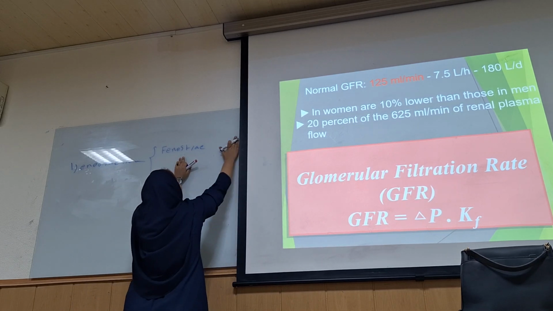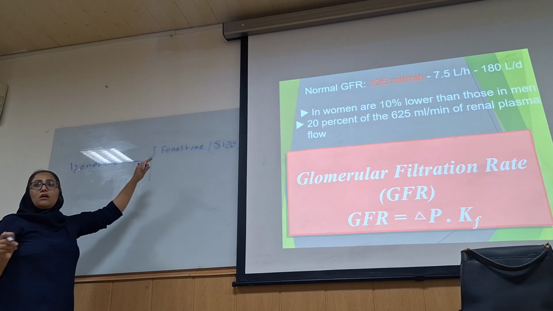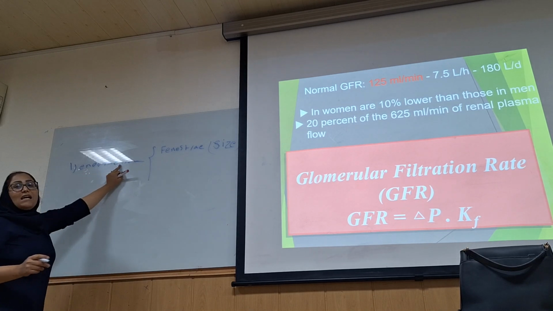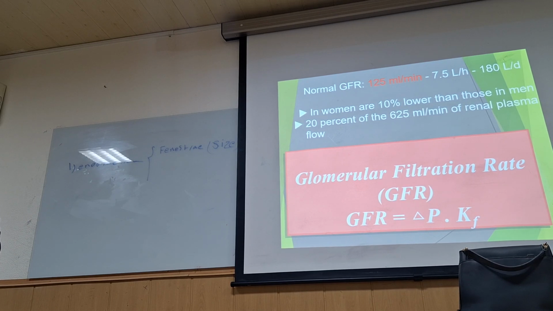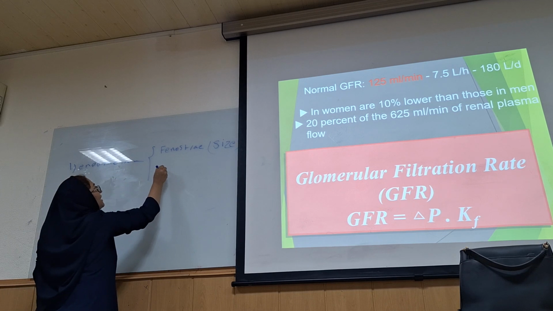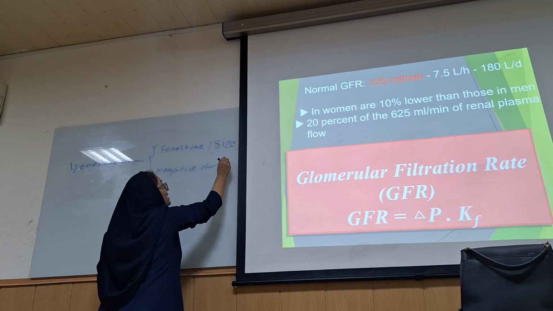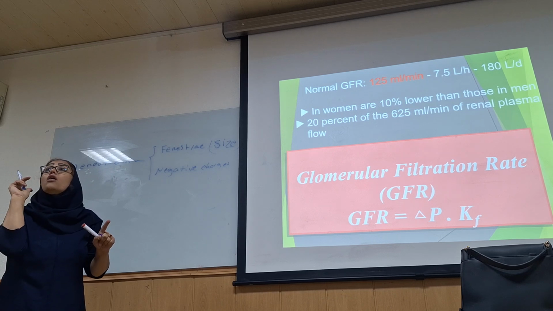In addition to fenestra, in this layer we have proteins in the membrane of endothelial cells. These proteins have negative charges. It means it separates substances based on charge.